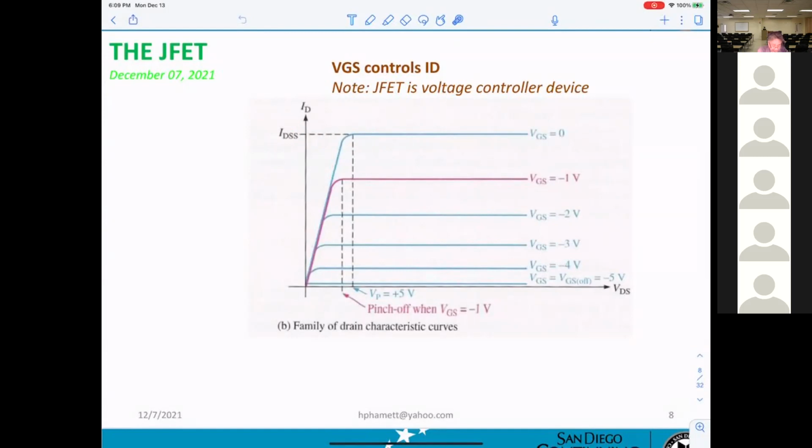And they tell you the pinch-off: right at this point here, VP equals plus 5 volts. And at this point here, VGS equals minus 1 volt.